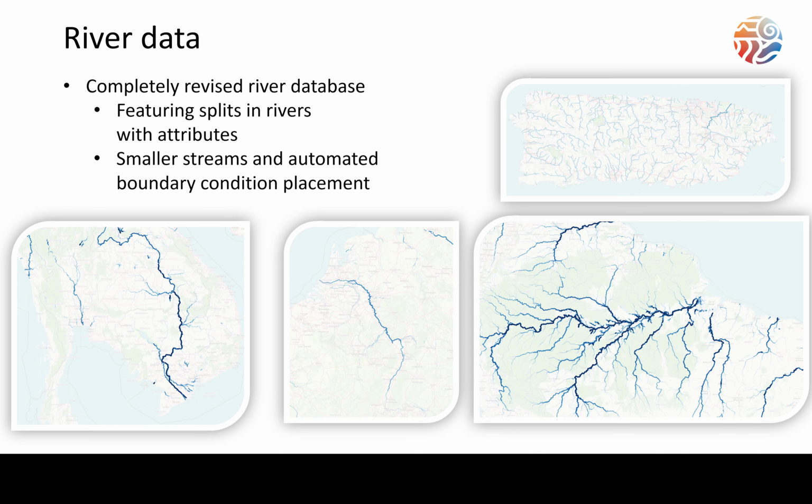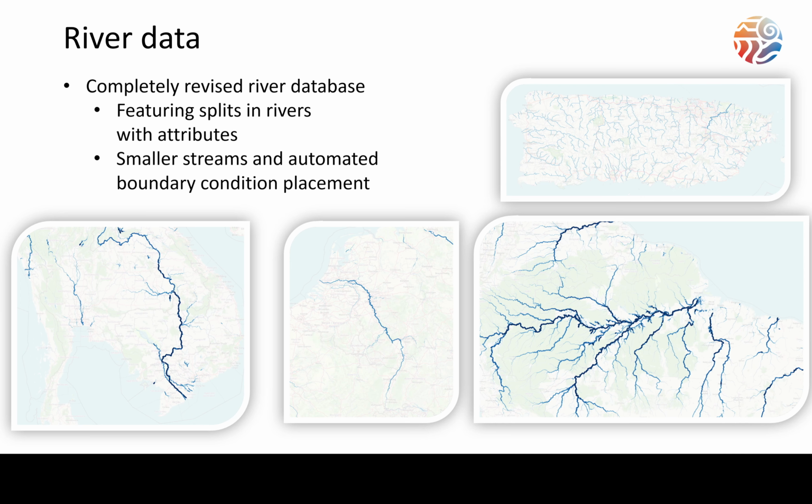A similar thing is done for global river data. As I mentioned, we need to be able to determine whether a large river or small river stream is coming into a model domain to deal effectively with any domain that the user might specify.